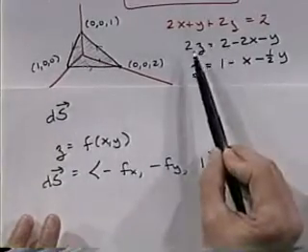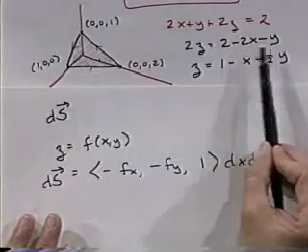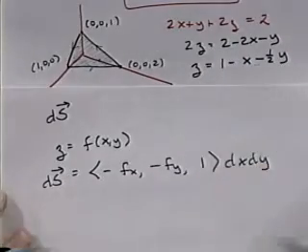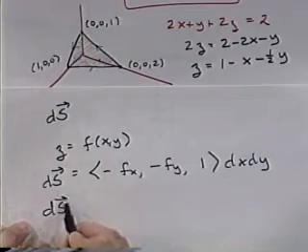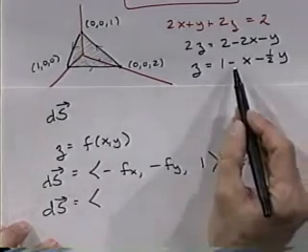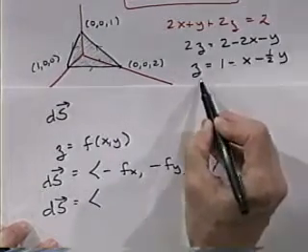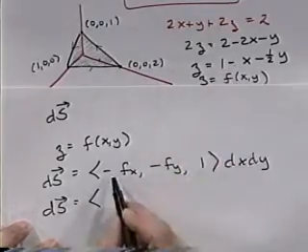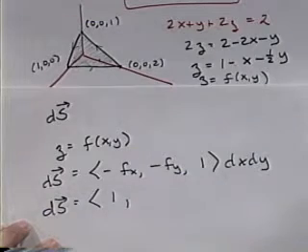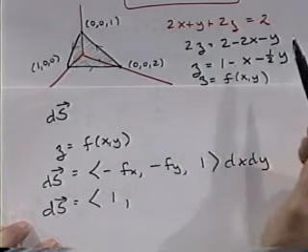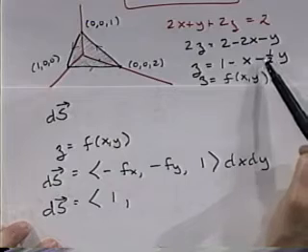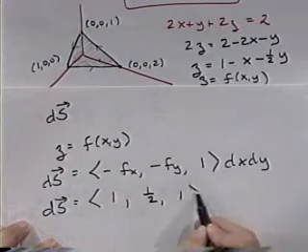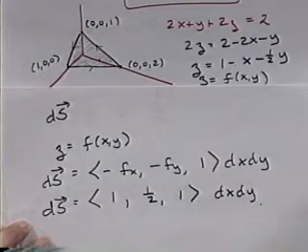So I get 2z equals 2 minus 2x minus y, divide through by 2, z equals 1 minus x minus a half y. Okay, are you all with me? So dS here would be, since this is z equals f of x, y, the partial with respect to x is minus 1, so we take the opposite of it, which gives us 1. Partial with respect to y is minus a half, but we take the opposite of it, which gives us a half. And then we have 1 dx dy.